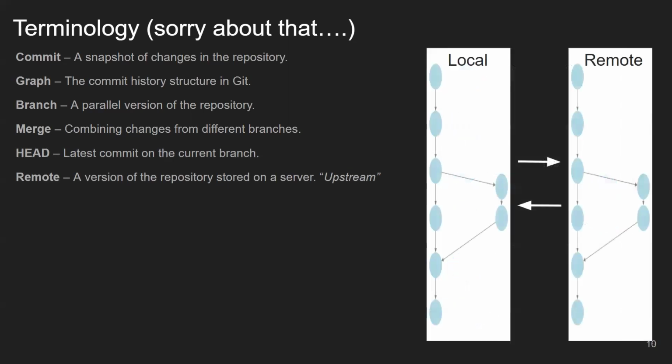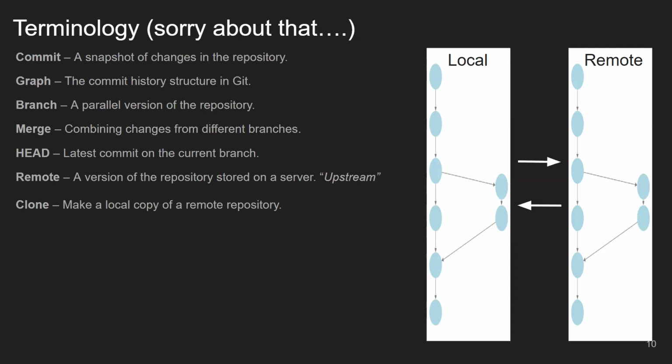So that would look something like this, right? We have an entire copy of our Git history, our entire version control of our entire project locally and in some remote, which usually is GitHub. And we can keep these things synchronized or not, but we usually want to keep them synchronized.